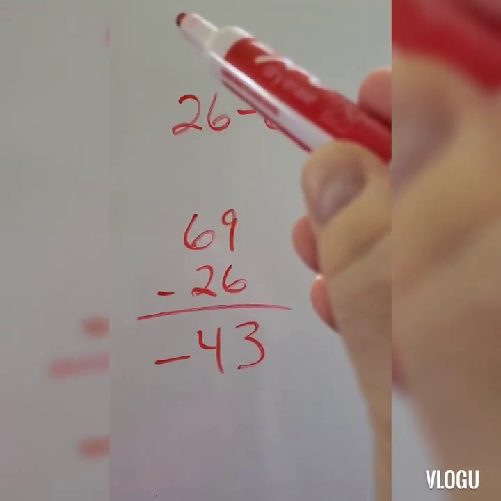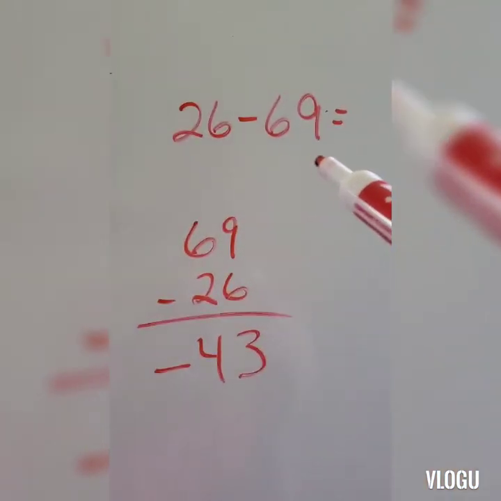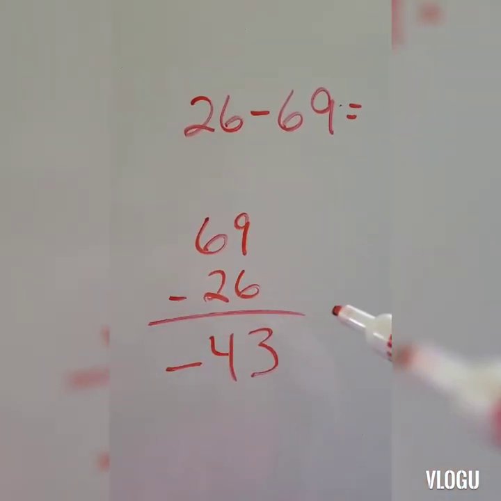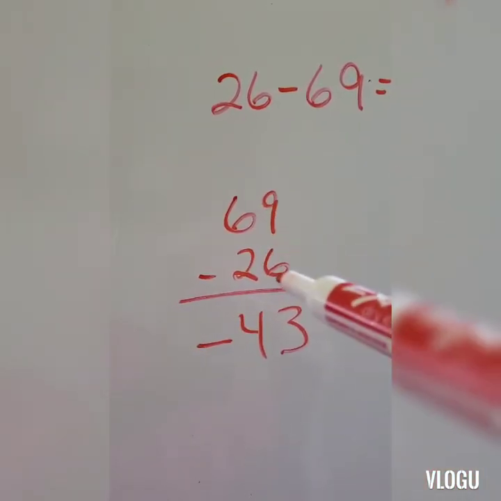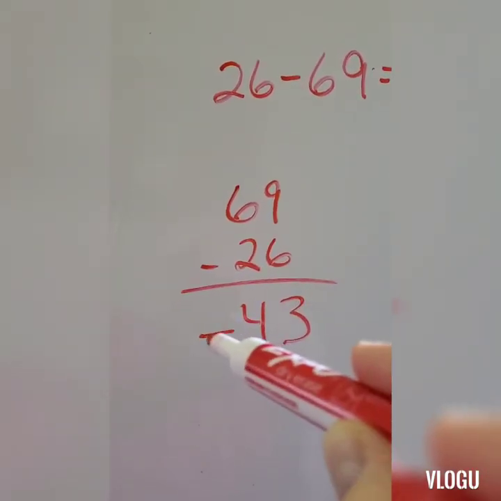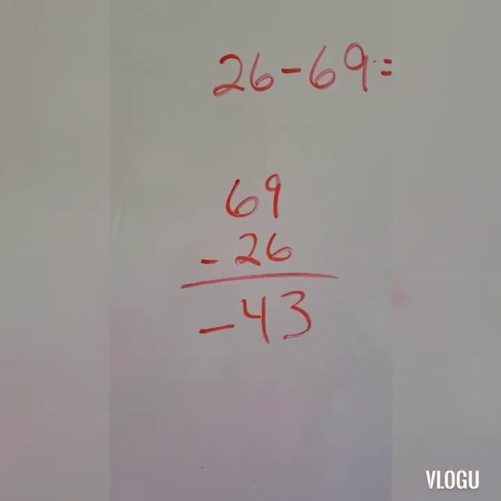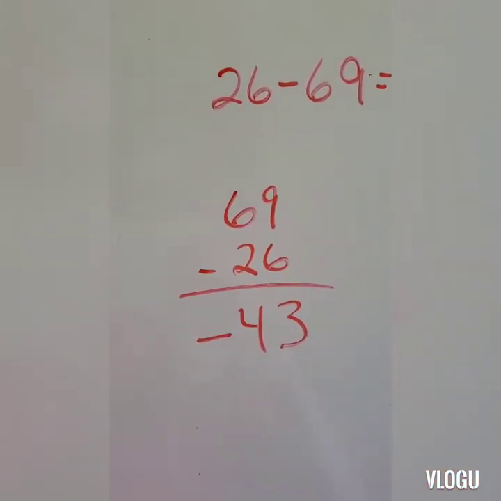So I'm at 26. I go down 69, so I'm crossing the 0 into the negatives. 69 minus 26, I put the negative sign in the front, and my answer is negative 43. That's pretty easy.